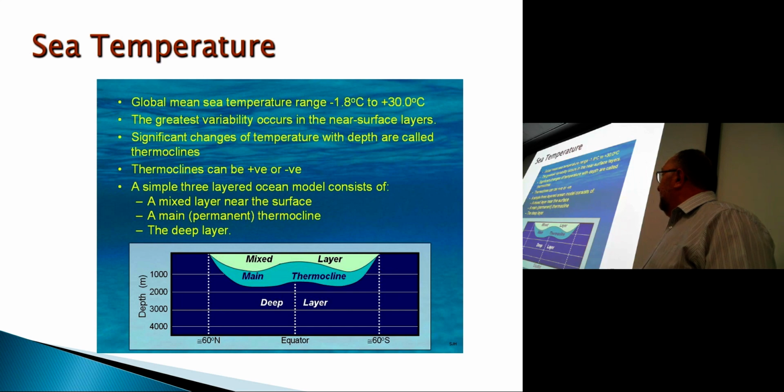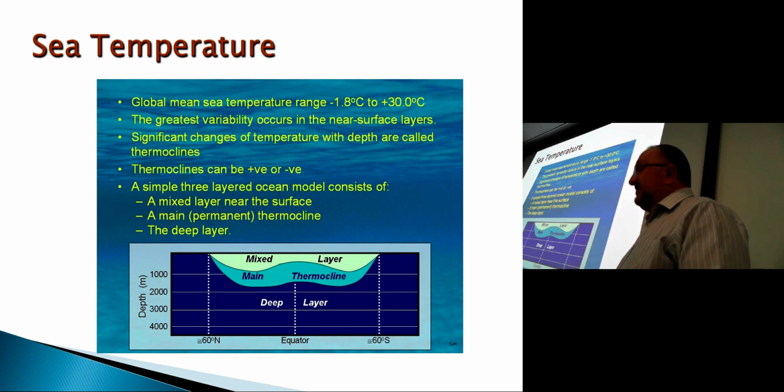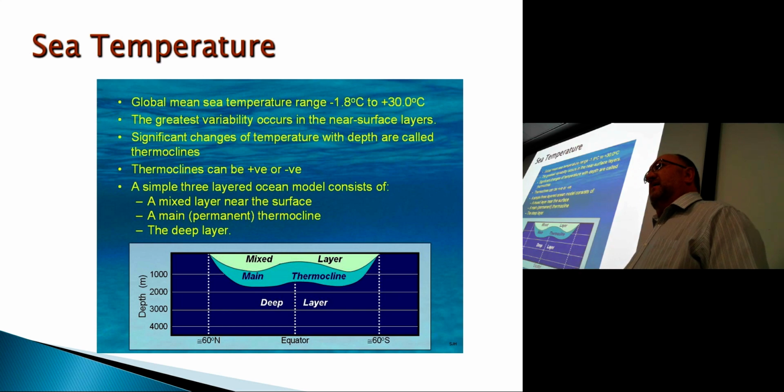So from this layer, the temperature is going to drop off and have a negative temperature gradient down to that deeper layer. It's normal for thermoclines mainly to be negative. Obviously, the temperature is decreasing. But you can get positive thermoclines around the globe where you've got salinity at depth. And I'll show a few examples of that a bit later on.